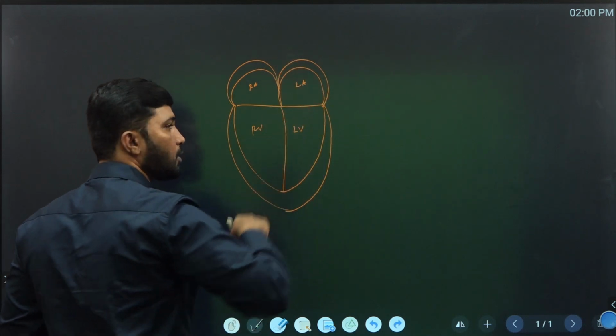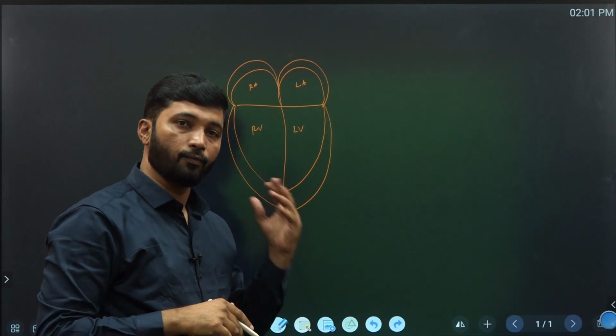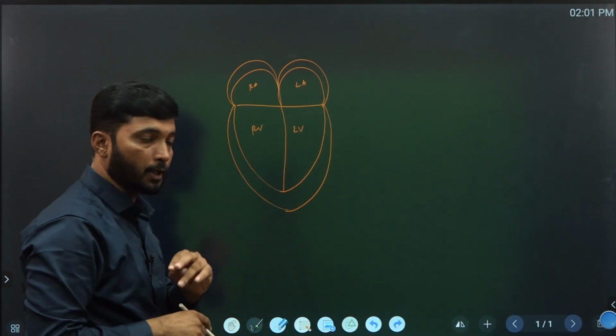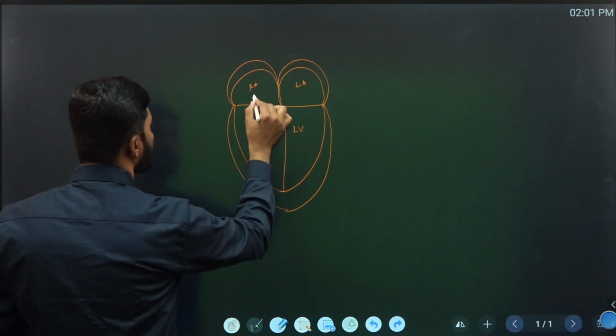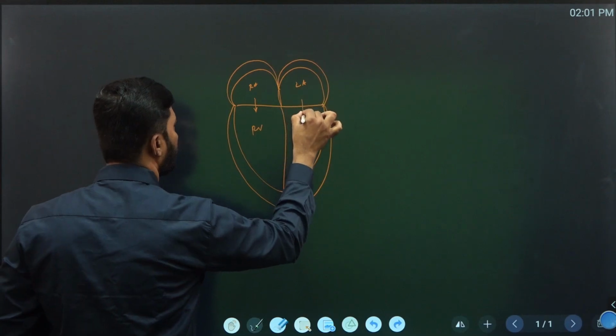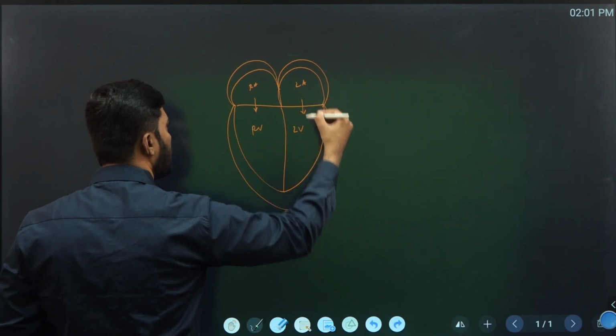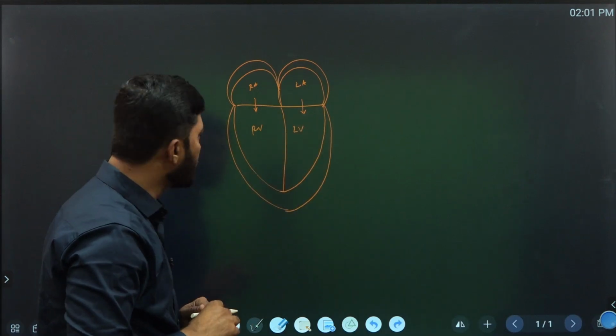The left atrium collects oxygenated blood from the lungs by the four pulmonary veins. From the atria, blood enters the ventricles: right atrium blood enters the right ventricle, left atrium blood enters the left ventricle.